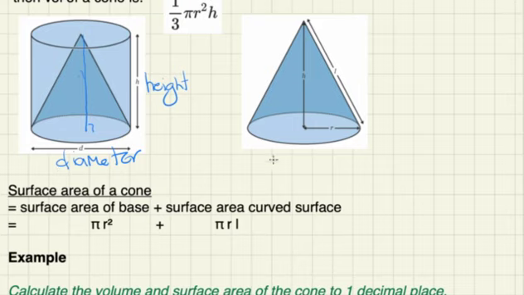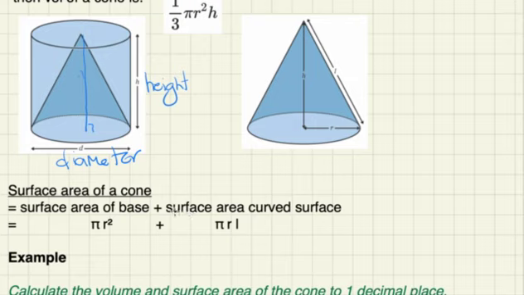So the surface area of a cone is the surface area of the base plus the surface area of the curved bit that goes around. Now from previous videos we know that the surface area of a circle is pi r squared.